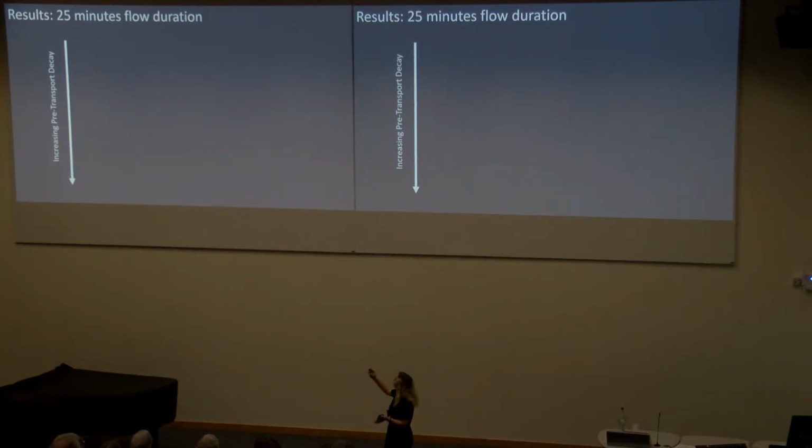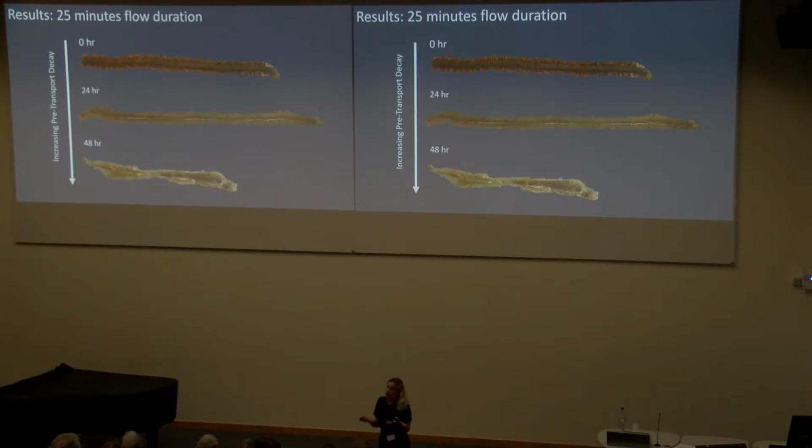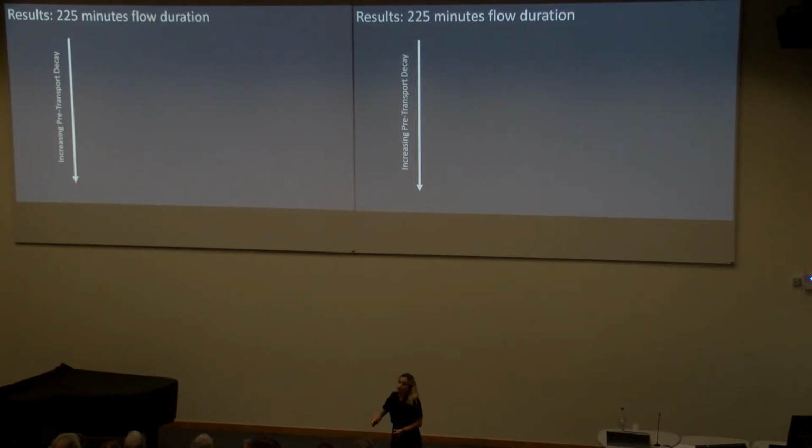So what are the results? What did we observe? After 25 minutes of flow duration, at 0 hours we get a pristine polychaete, at 24 hours again pristine, and after 48 hours of pre-transport decay you get state 2, where you still have a polychaete but a very damaged posterior. After 225 minutes of flow duration, at 0 hours, so no pre-transport decay, totally fine.